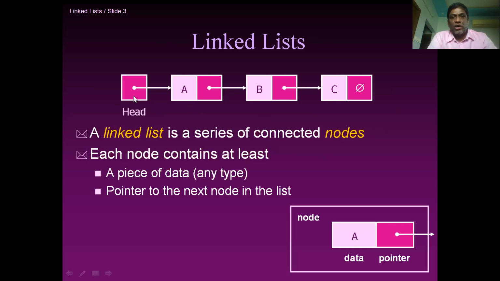Therefore, a special pointer, let us say head or start, points to the address of first node, and then A points to the second element, B points to the third element, and whenever you have no other elements in the list, then you will put a special pointer called null in the last node's next pointer. Okay, so null indicates that it is the end of the list.